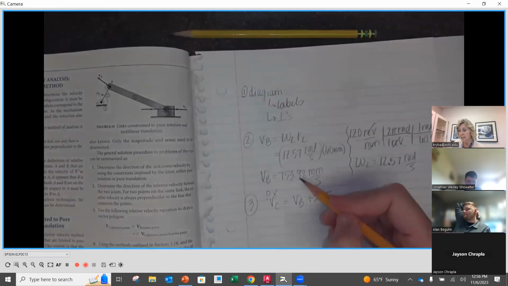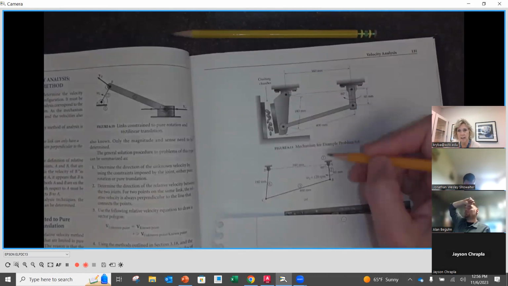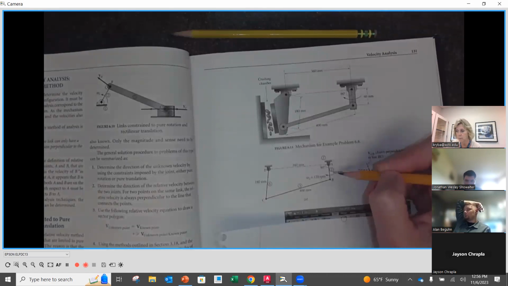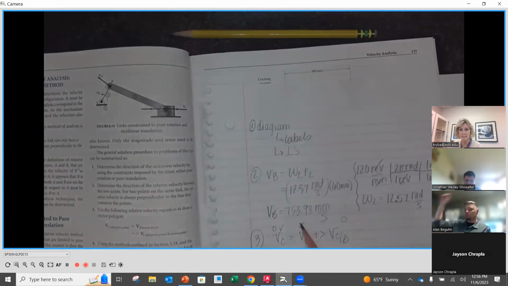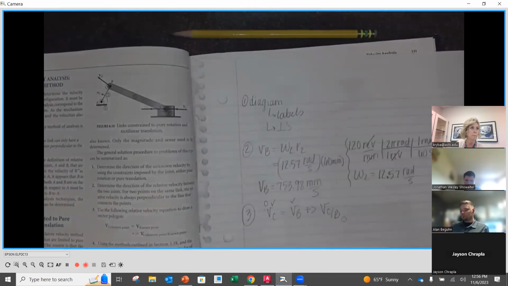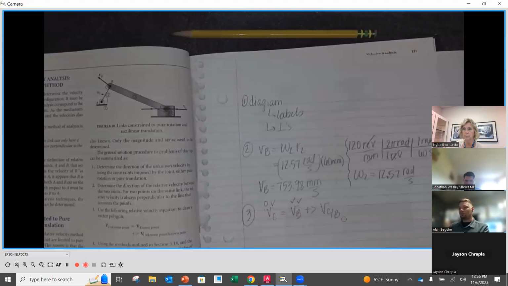Velocity of B, we just got its magnitude, and we also know its direction because it is on link number 2, going clockwise, so it's going to point to the left, and it's going to be exactly 753.98 millimeters per second. So we know both magnitude and direction there.